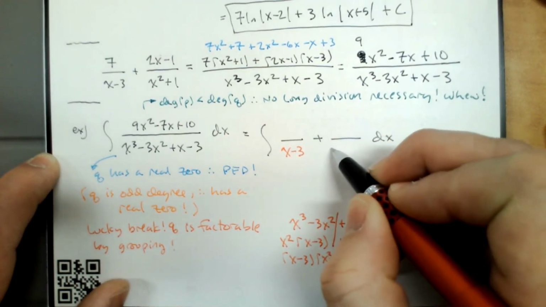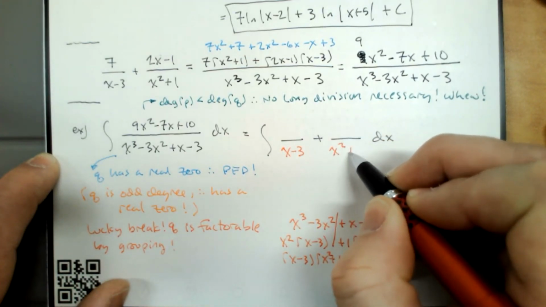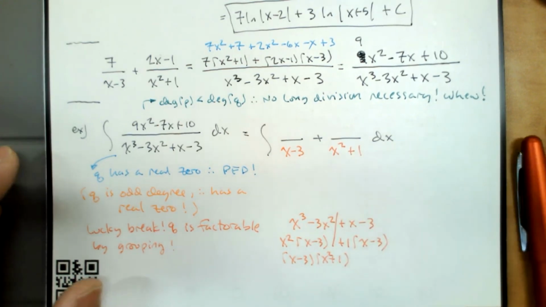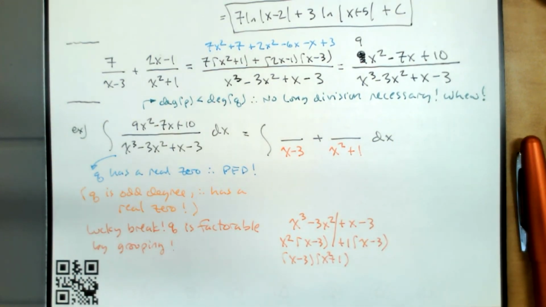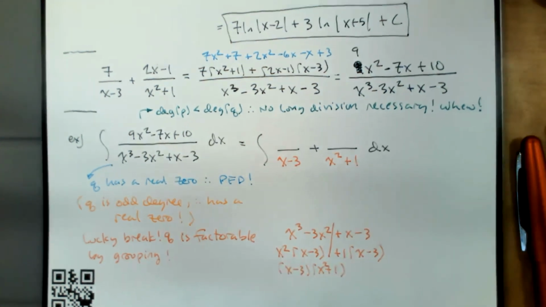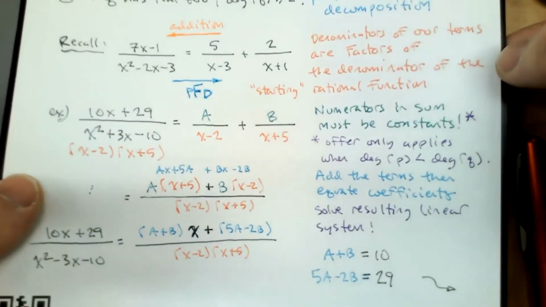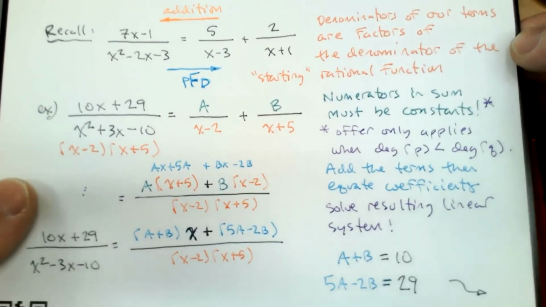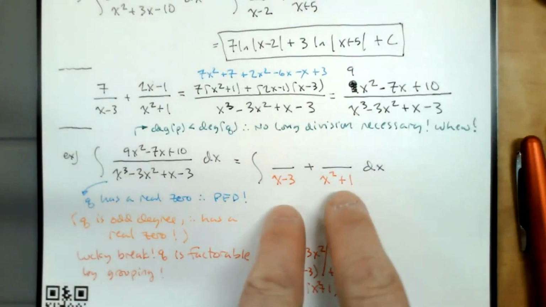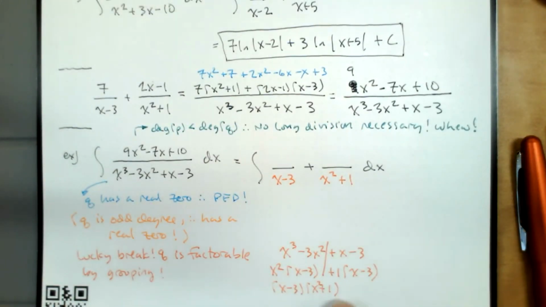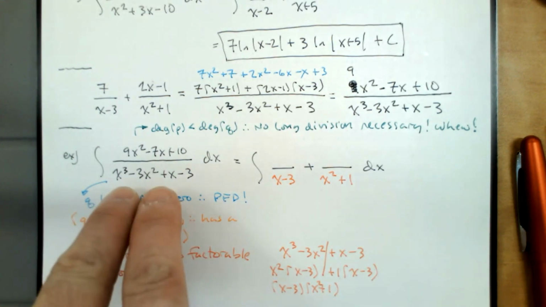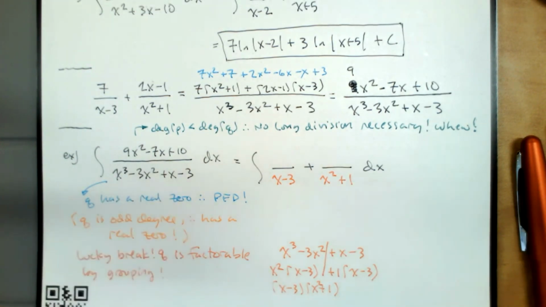The other term will have denominator x squared plus 1. That was the same as the first step that we did way back here. Denominators of our terms are factors of the denominator of the rational function.